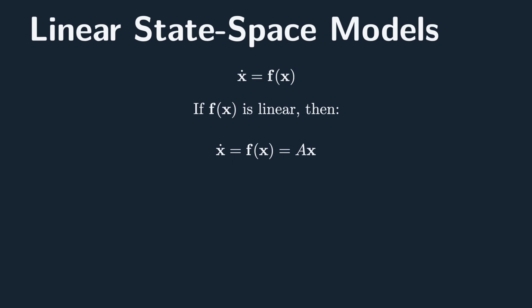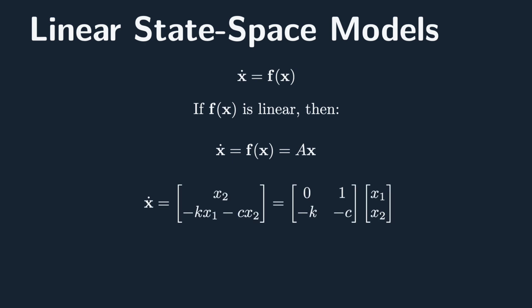For the example in this video, the state space model is x1 dot equals x2 and x2 dot equals minus kx1 minus cx2. This can also be written using the matrix A, where A has first row 0, 1 and second row minus k, minus c. This matrix form gives us the same state space model.